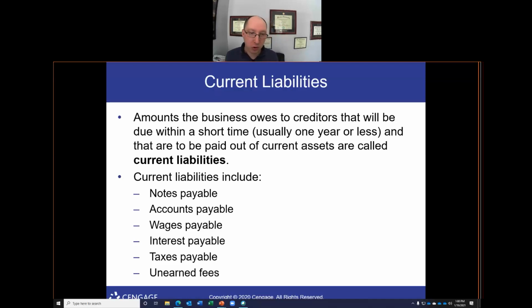These would include the current portion of notes payable, accounts payable, wages payable, interest payable, taxes payable, unearned revenue. In this case, unearned fees. These are all current liabilities because we expect to pay them within 12 months or less, or earn them in 12 months or less. Right?